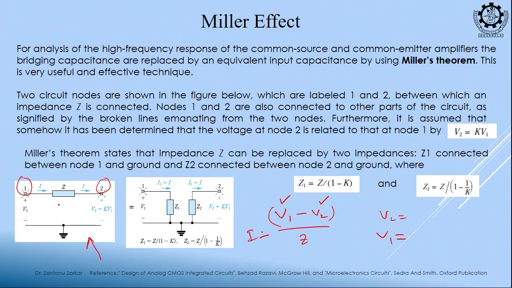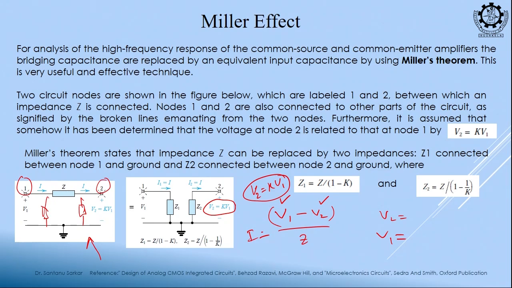the Miller theorem is suggesting that I should break this into two parts, like Z1 and Z2, one impedance at the input side and one impedance at the output side, so that I can neglect Z and draw Z1 and Z2, and the circuit will still be equivalent. Suppose the relationship of V2 and V1 is that V2 is an amplified version of V1.